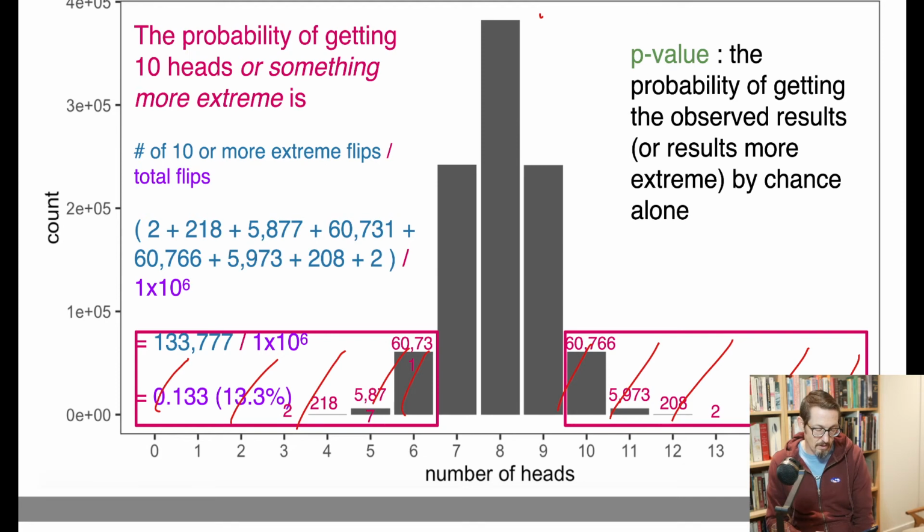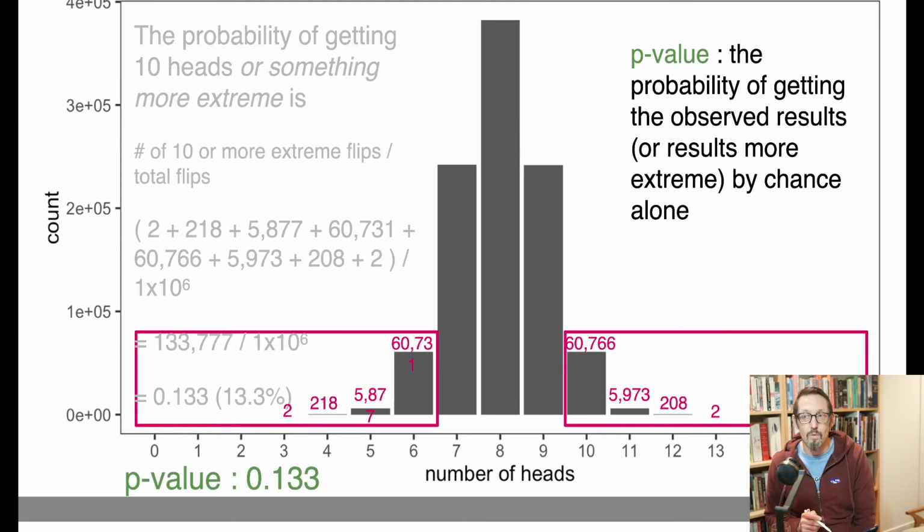So the p-value is 0.133. It is that there's 13% likelihood of getting numbers 10 or weirder, right? When you do this experiment, when you flip 16 coins in a row. So that is the p-value, the probability of observing that result by chance.